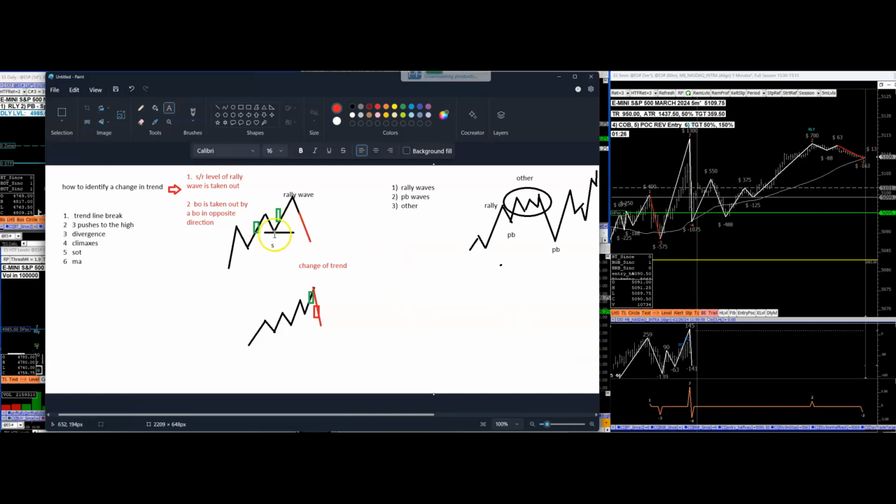But this is the way it's done. Practically speaking, one, two, these are what you need to know. A breakout is taken out by a breakout to the downside, or the rally support is taken out. Done. Finished. And this fits the direction of what Wyckoff says also, because he says, maybe I'll bring it up one second.